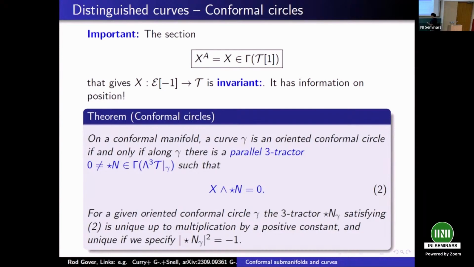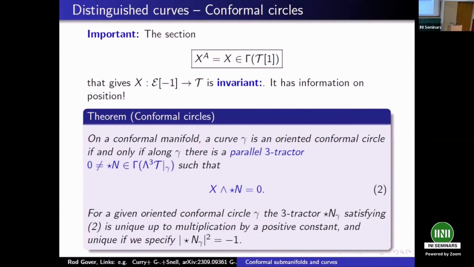Okay, so now what is a conformal circle from this point of view? Suppose you have some curve and you want to ask, is this a conformal circle? You're on a conformal manifold. An answer is that it's a conformal circle if along this curve you have some parallel tractor, which I'm calling star n, and it's got three tractor indices, A1, A2, A3, and it's skew on those three.